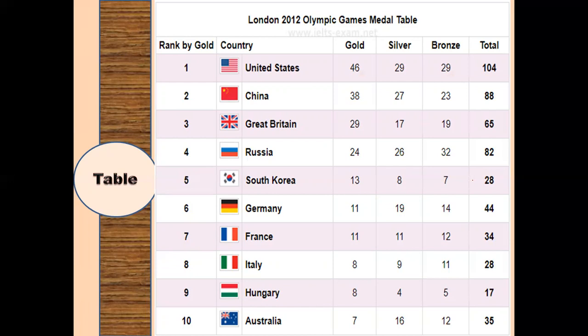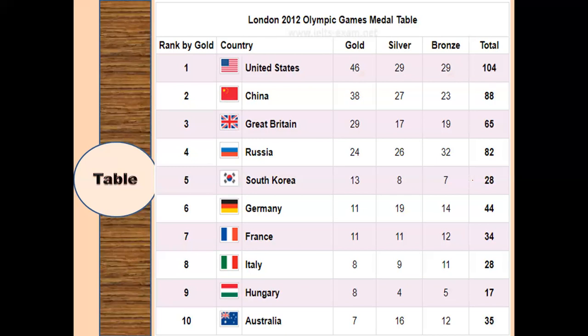Similarly, if we compare Great Britain and Russia, you will see that although Russia's gold medal count is less than Great Britain's, silver and bronze medals are more won by Russia in comparison to Great Britain. Similarly, you can do the comparison between South Korea and Germany, France and Italy, Hungary and Australia.